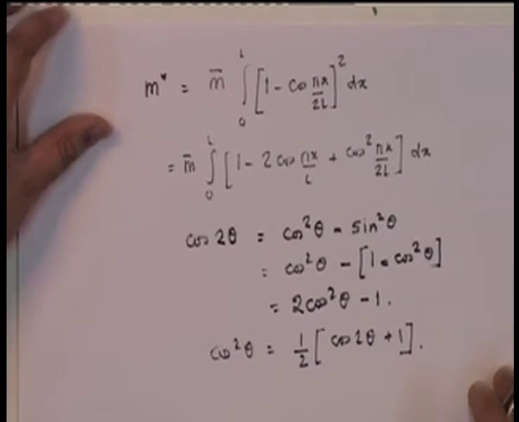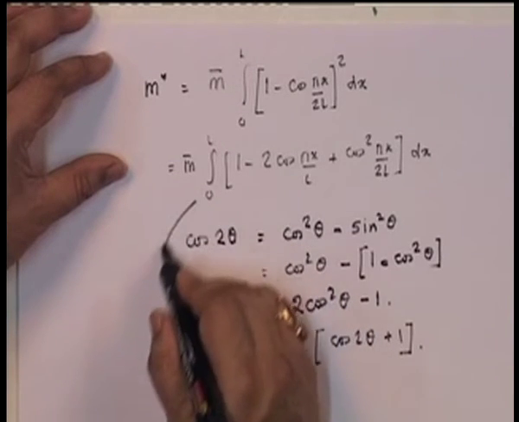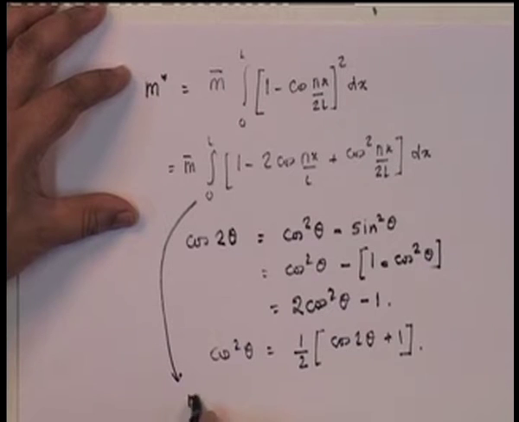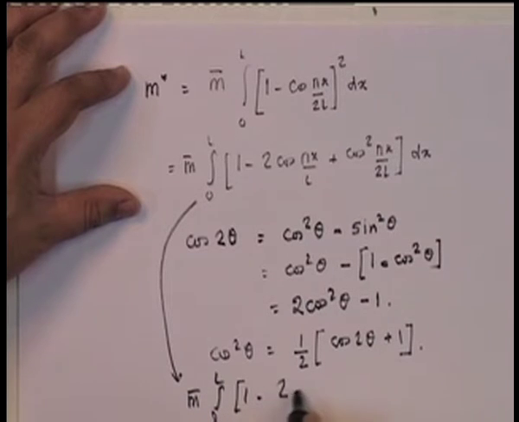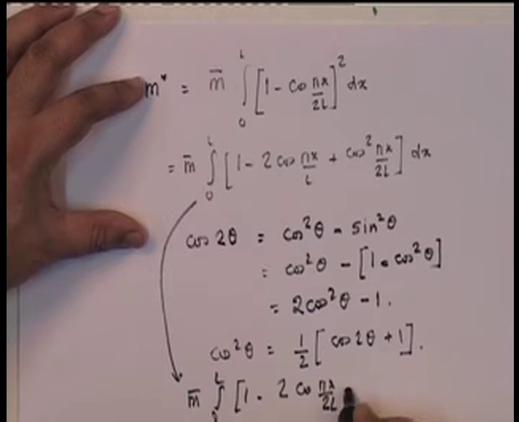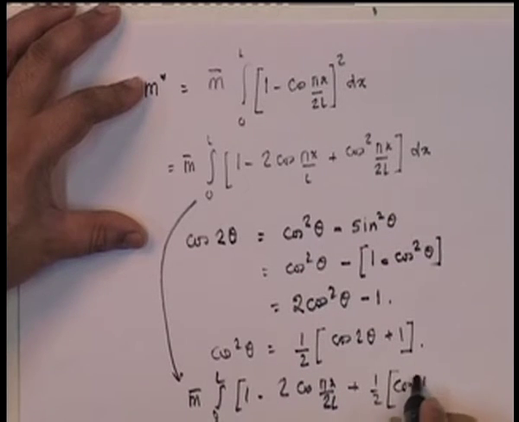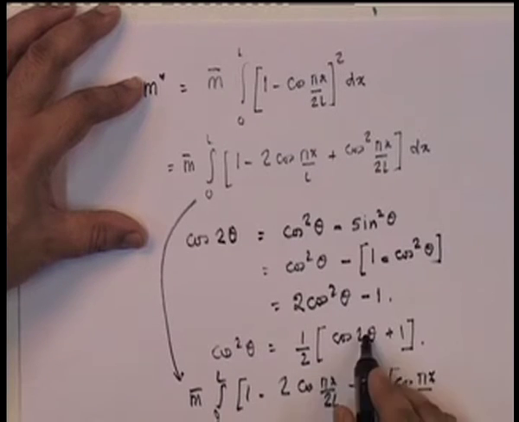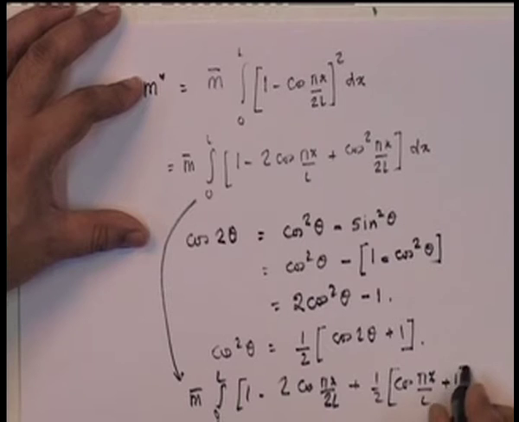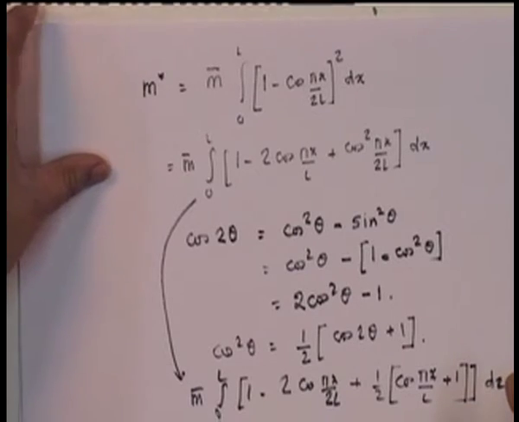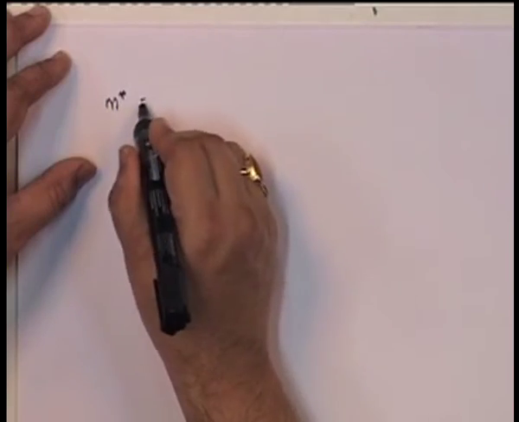So, this implies that m star is equal to m bar times the integral from 0 to L of 1 minus 2 cosine pi x upon 2L plus half of cosine pi x upon L, plus half, dx.